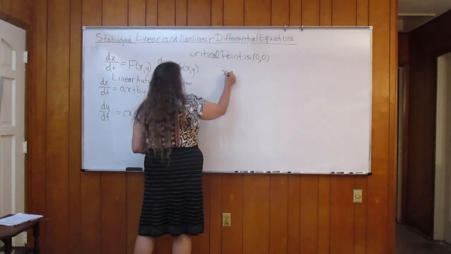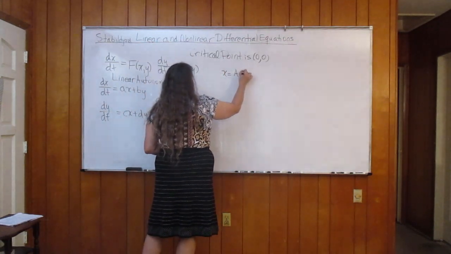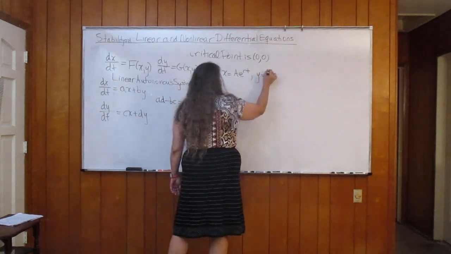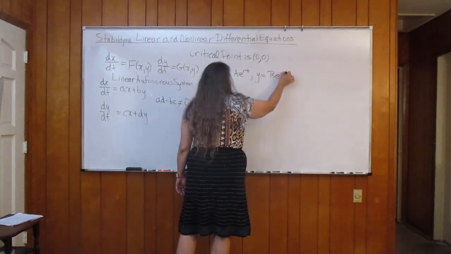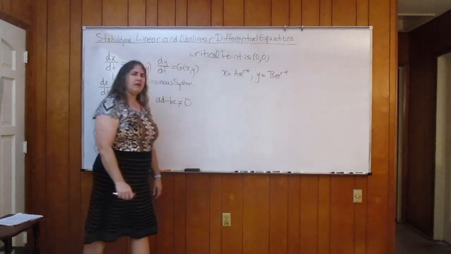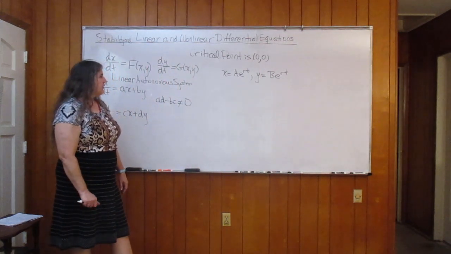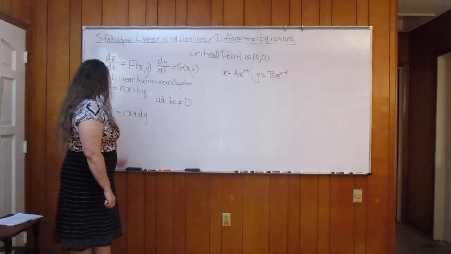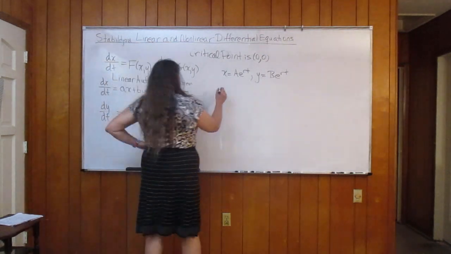Solutions of these equations will have a form some constant times e to the rt plus some constant b times e to the rt as well. I'm going to substitute this in.